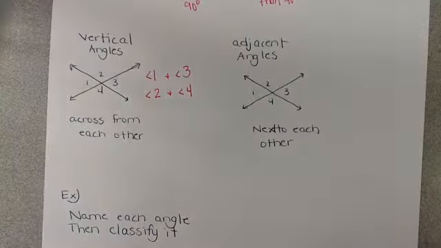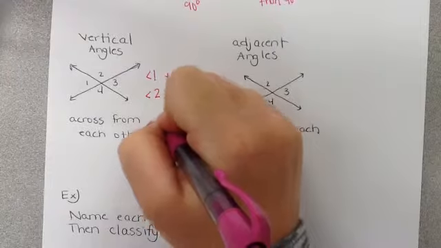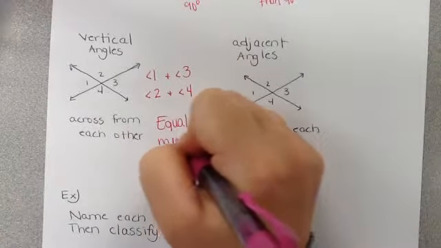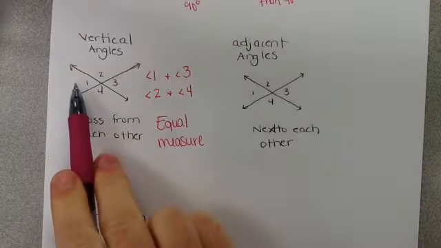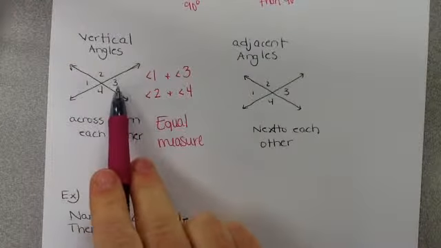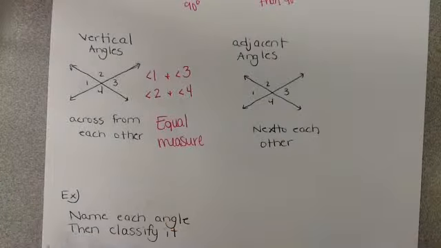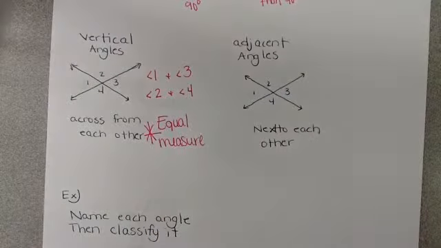So those are considered vertical angles. Vertical angles are equal. They have the same measure. So if angle 1 is 50 degrees, angle 3 must be 50 degrees. So vertical angles have the same measurement. That is really important.